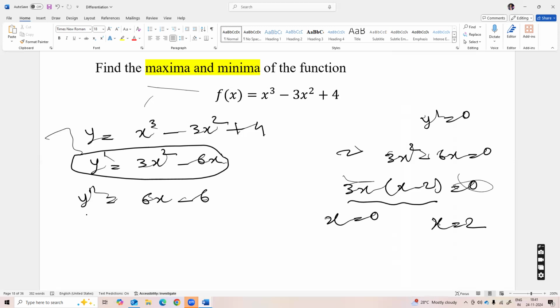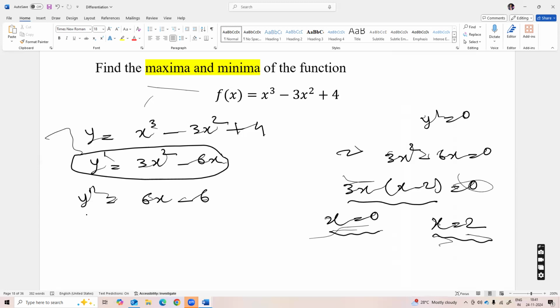So these two are the roots of this equation, and these are the points. We don't know which one is maxima and which one is minima, though both cannot be maxima in a single region.